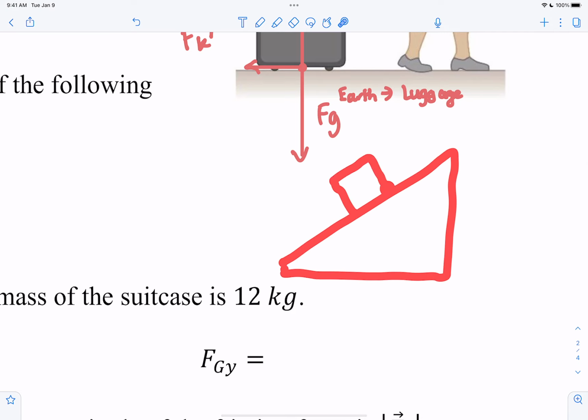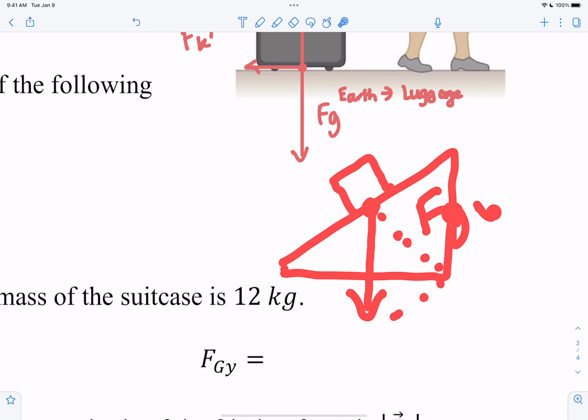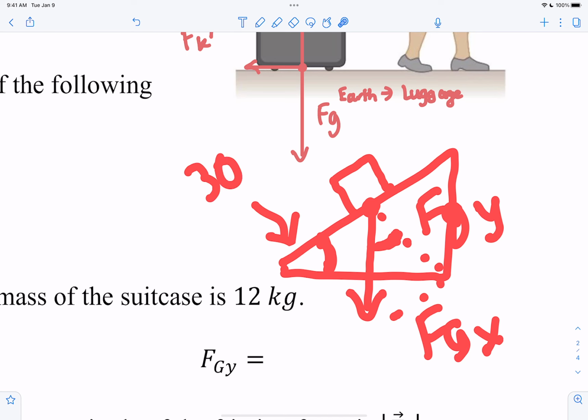So if this was a box that we're sliding up this hill or incline, gravity points directly downwards, and then you'll have this FGY and FGX component. There's going to be an angle here. This angle theta is equal to the angle of the incline. So if the angle of the incline is 30 degrees, this angle here is also 30 degrees.